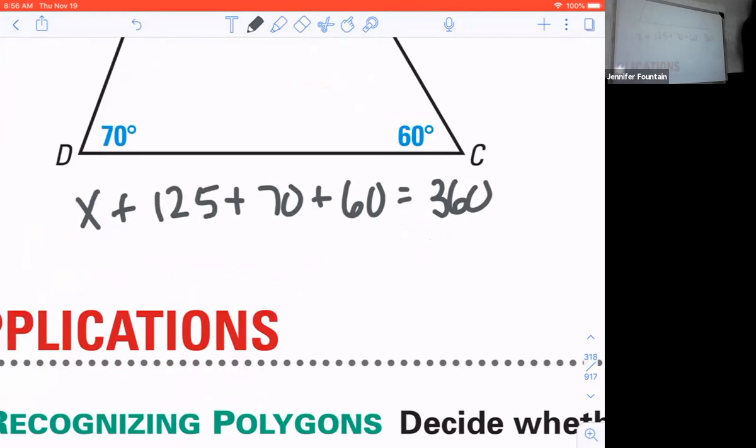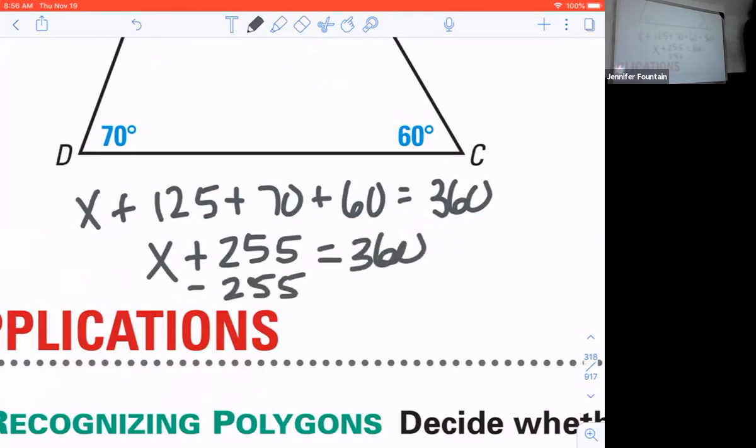What is 125 plus 70? 195. What is 195 plus 60? 255. Good. So X plus 255 equals 360. Take away 255 from each side.